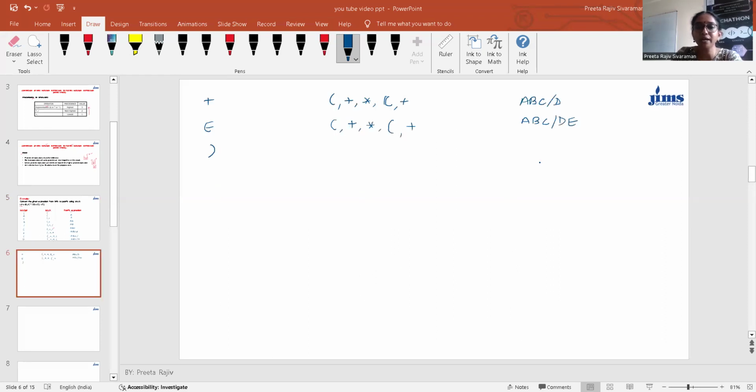Now, when any element is between the opening and the closing bracket, the elements need to be popped out. So finally, this plus will be popped out and it will come to the postfix expression, and we'll be left with only 3 elements in the stack. And since the plus operator is popped out, it will be ABC slash DE and plus.